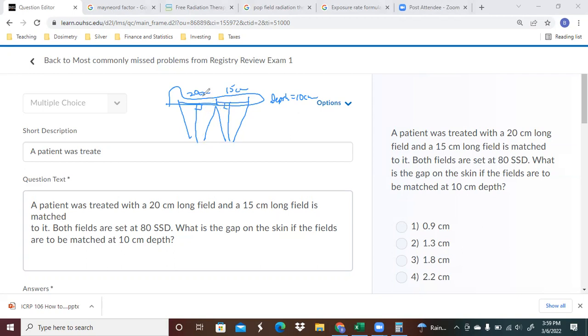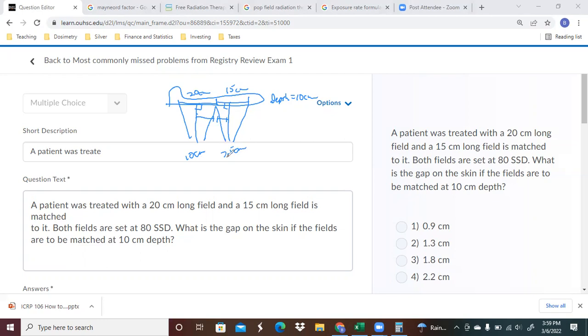Now, why did I do this? We're going to take this measurement right here of the entire length of the field, and we're going to cut it in half. So we're going to be interested in just this segment right here. Same thing applies over here. So 15, we cut that in half, and we end up with 7.5 cm.